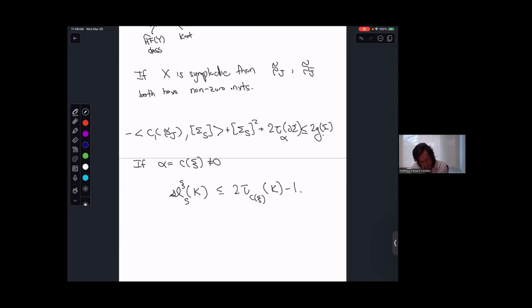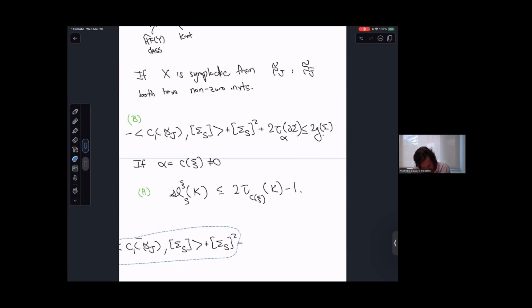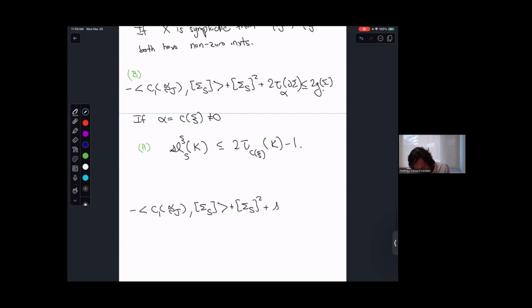Okay, so if I combine this and this, I take this inequality and I add self-linking.